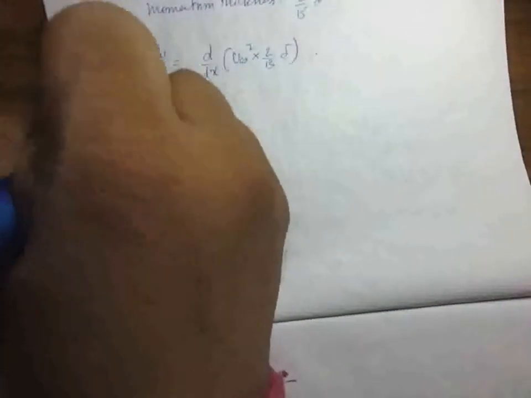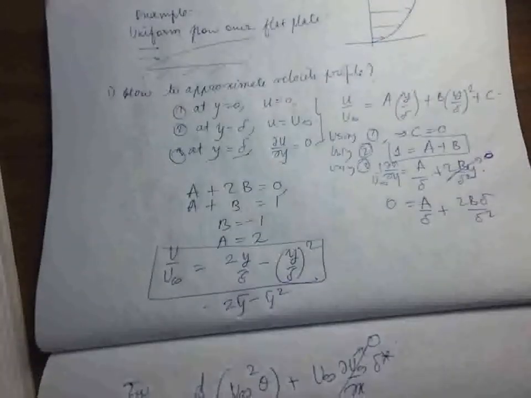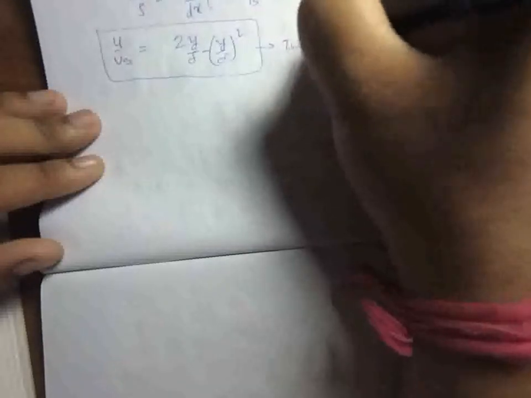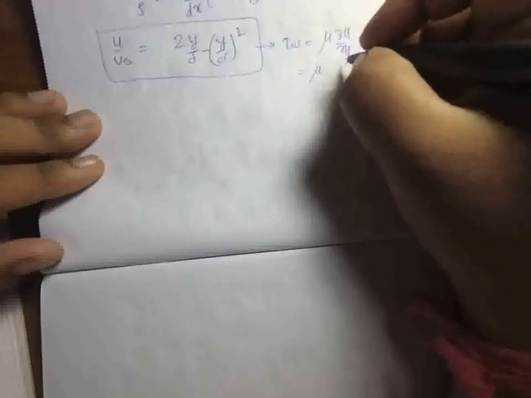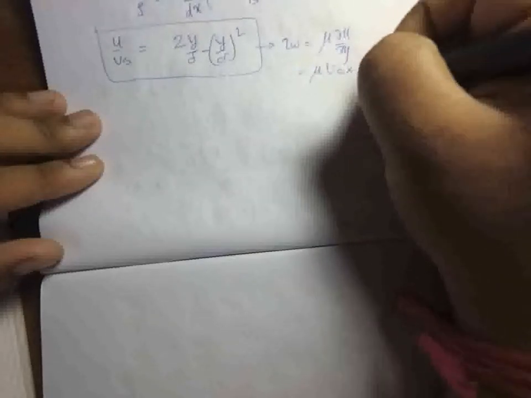So the velocity profile, if we recall, is simply 2y by delta minus y by delta whole square. So in fact, from this particular equation also we can find out what tau wall is. So mu del u del y is nothing but mu du dy, which is nothing but u infinity times 2 by delta.